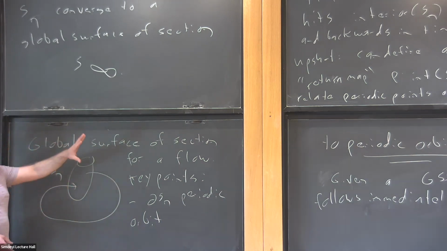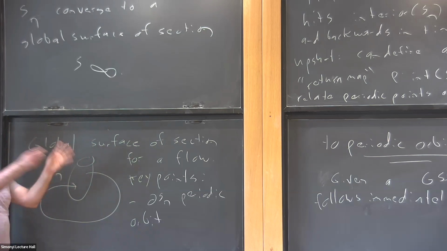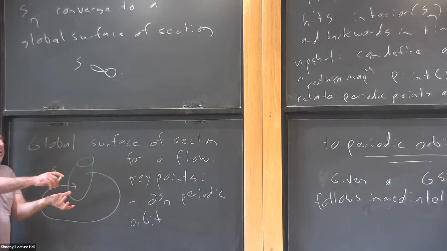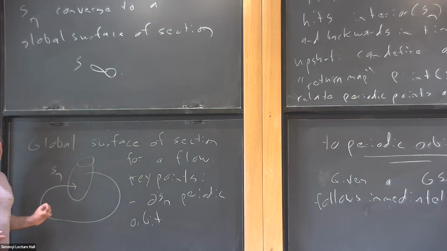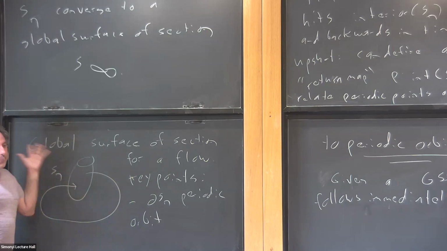So you could just look at the complement of that fixed point, and now you have a map of the annulus, and then you can apply Franks's result, which says that if I have an area preserving map of the annulus with one periodic point, then it has to have infinitely many. But there are other things you could do as well. Franks's result actually works for homeomorphisms, so you can also collapse the boundary and reduce to the case of a two-sphere, if you like.